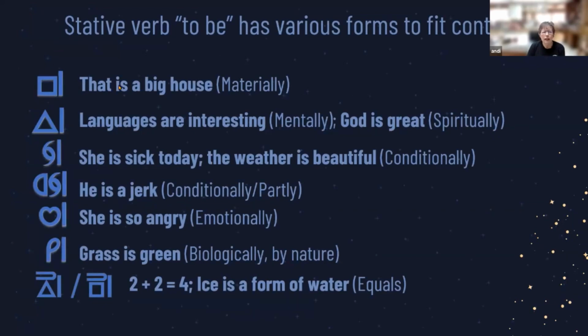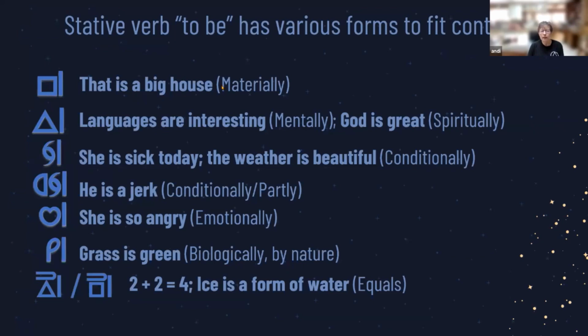Here is another main aspect of aUI: the stative verb to be is quite a polyseme, with very different meanings in different contexts. We use only the word is, and is can mean different things in different contexts. So here, aUI uses different formulations for different contexts.